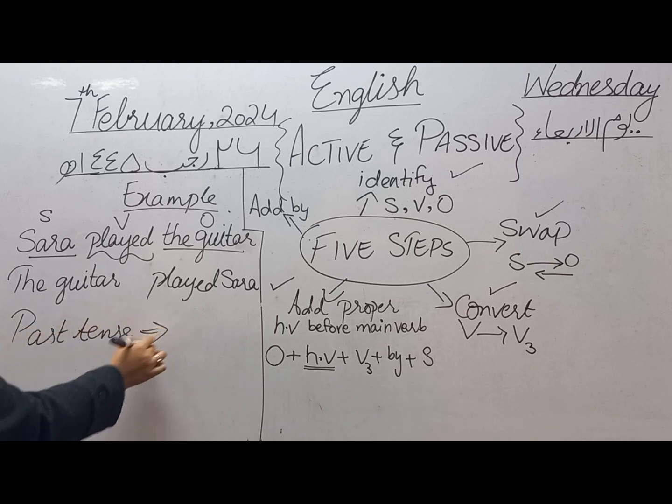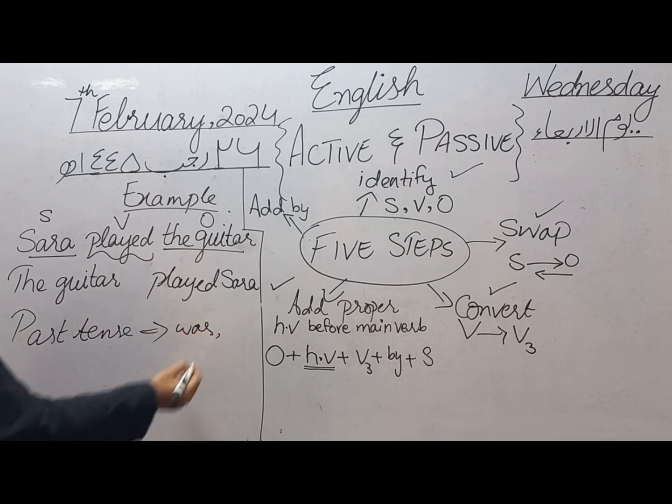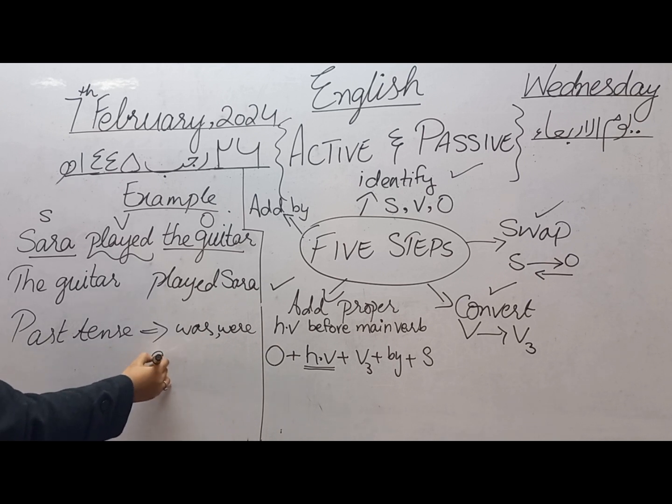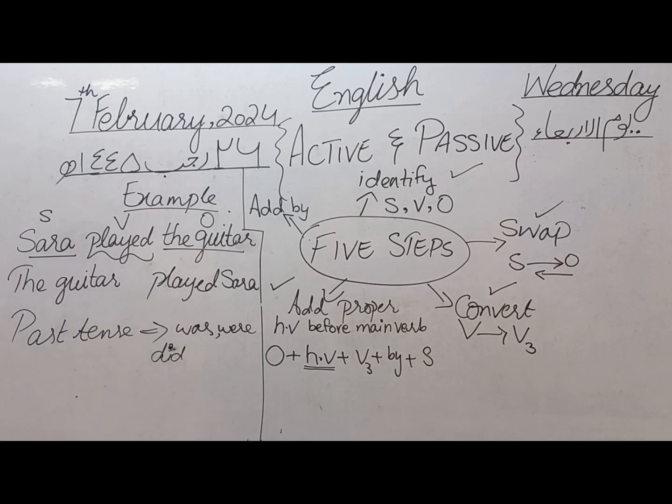So in the past tense, which helping verbs are we using? Was. Very good. Were. Very good. And did. Okay. Good. So which helping verb is suitable for this passive voice right now?